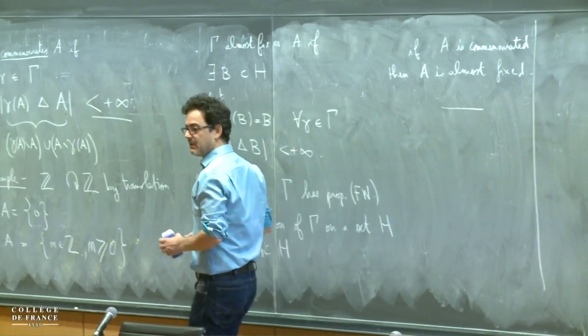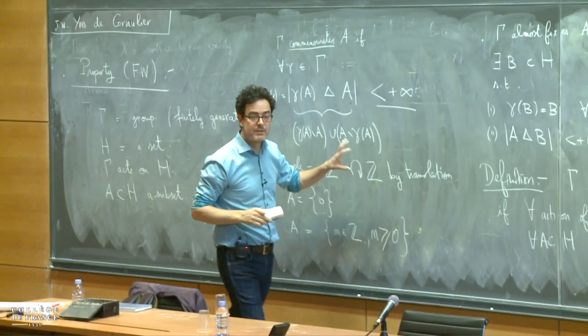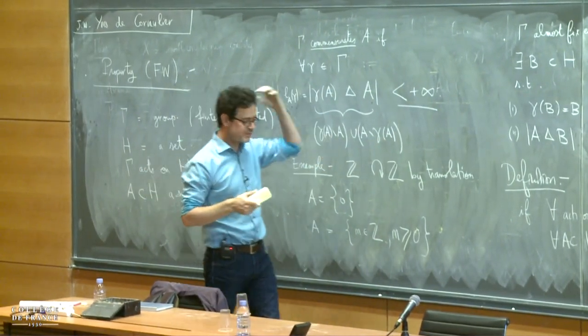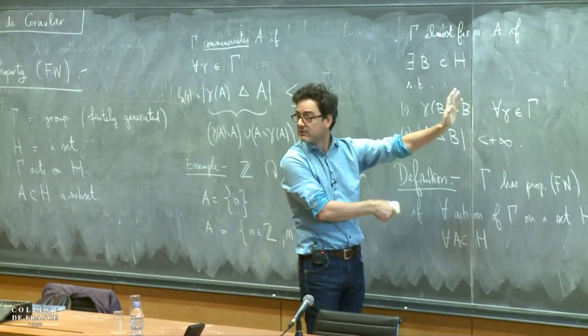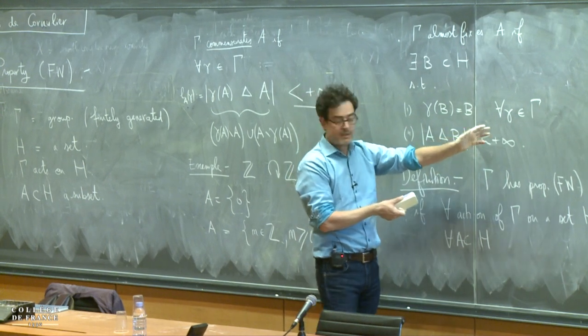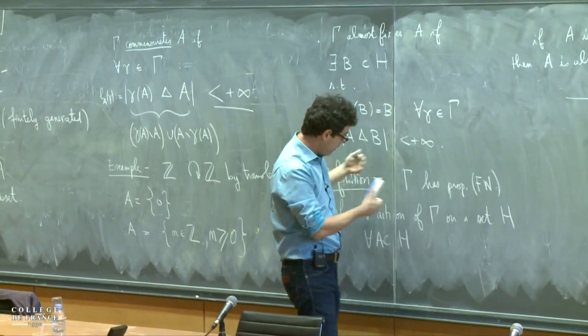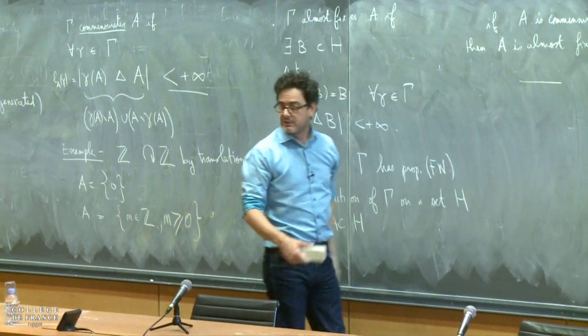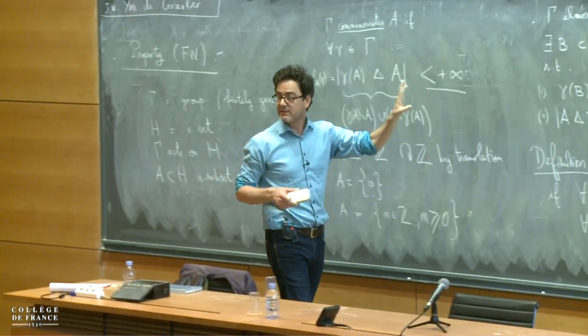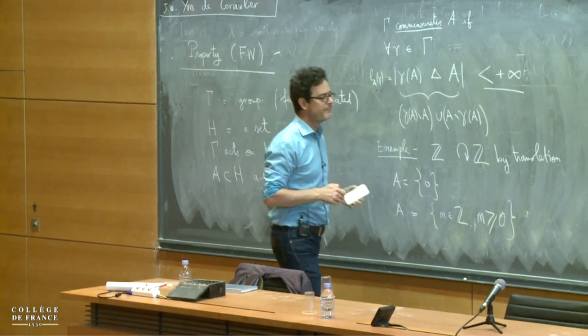So it's a property of the group, and to verify the property, it seems completely hopeless because you need to consider all actions of gamma on all possible sets, and all subsets A which are commensurated, and you want to see whether they are almost fixed. But there are techniques to prove property FW.